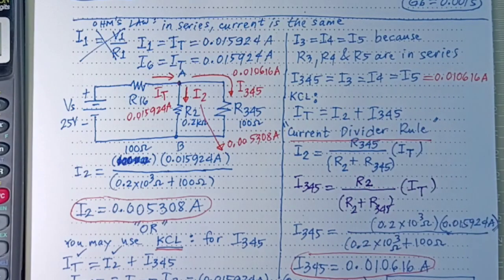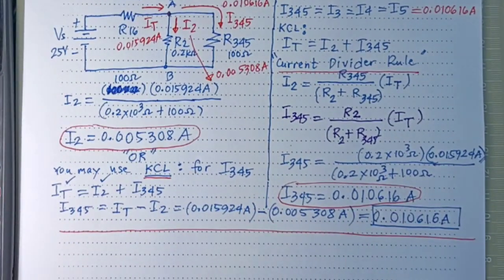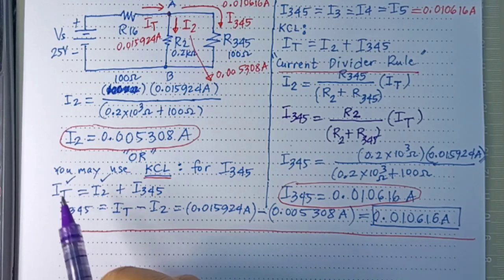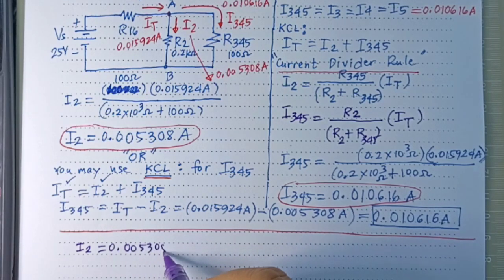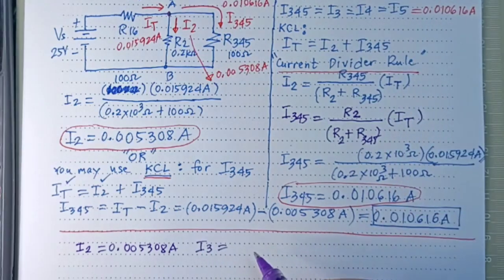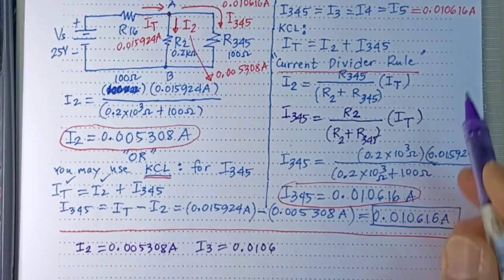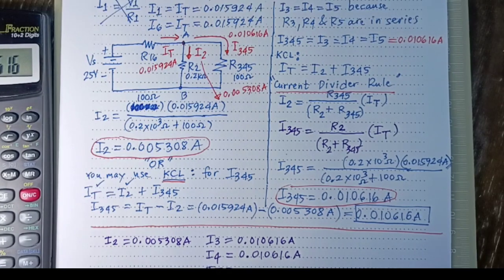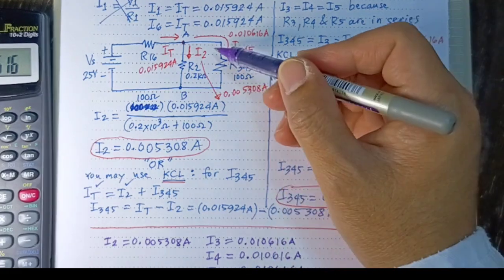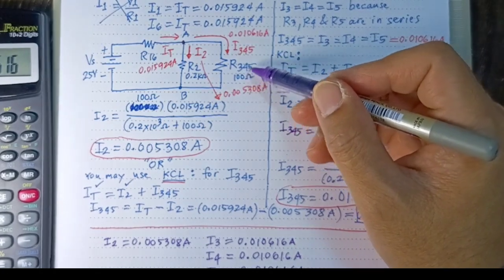So it follows that my I2 equals 0.005308 amperes, and my I3 equals 0.010616. I4 equals 0.010616, and I5 is also equal to 0.010616 amperes. See, I3, I4, and I5 are all equal to the total current through R345.